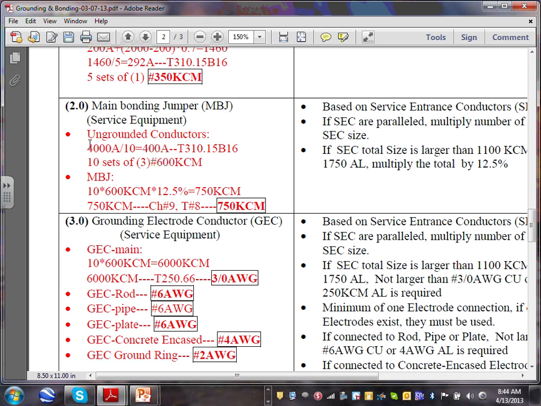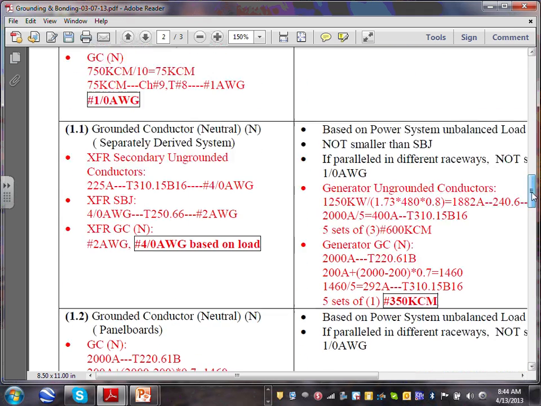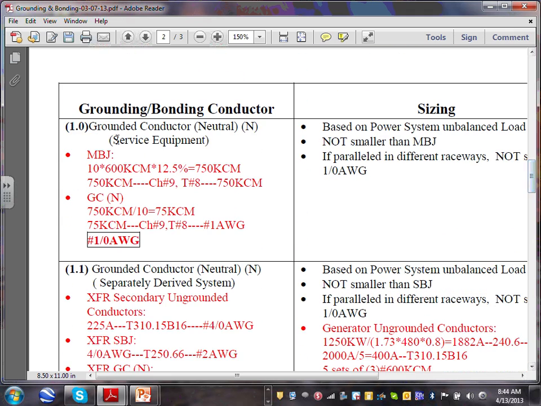Okay, any comments, guys, about number 2? Does it make sense? How to size number 2? Now, the reason I started with this one is because I want to go to number 1. Here's where the main bonding, to get the neutral, the minimum has to be the main bonding jumper. So here's my main bonding jumper, 750, but there's one little problem now. I'm paralleling it, right?